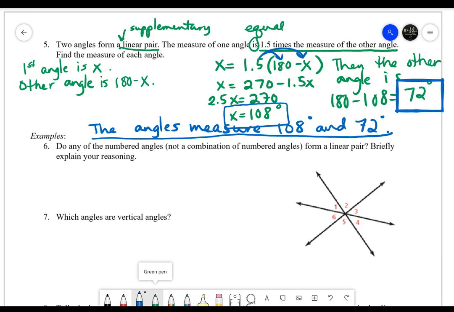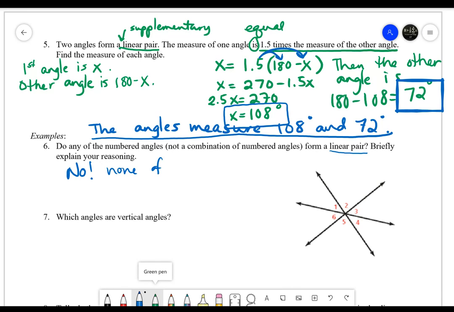Do any of the numbered angles in this next picture form a linear pair? Briefly explain your reasoning. Nope. So remember, a linear pair has to be just 2 angles that add together to give you a straight line. And no 2 angles will add up.